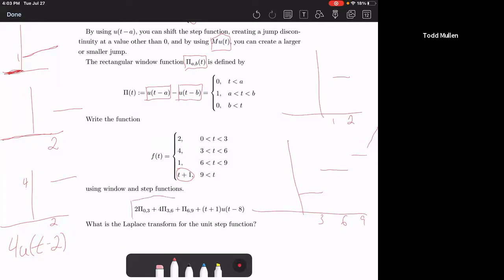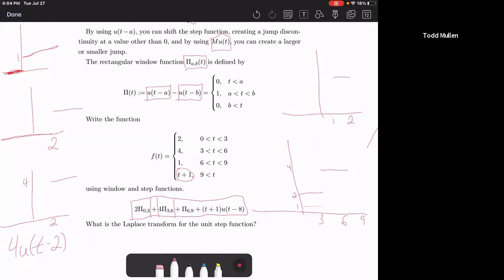Written out algebraically, it's going to look like this. You have 2 times the window function from 0 to 3. Remember, the window function from 0 to 3 would look like this at a height of 1, but we have to double it to get up to 2. Plus 4 times the window function from 3 to 6, plus, oh, I'm sorry, I've misdrawn this because this line isn't all the way up there.